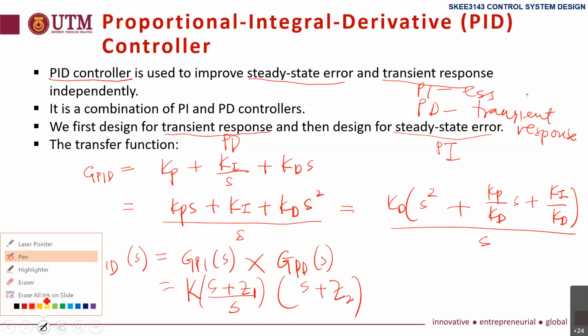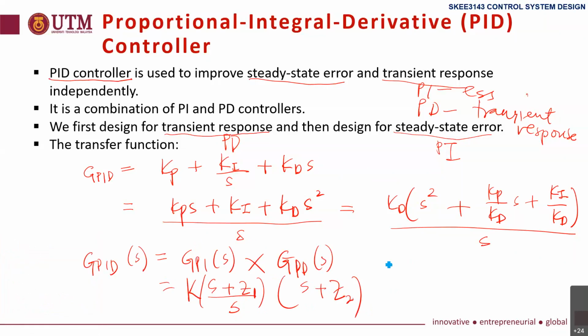Both are the same. So in PID, actually we add 2 zeros, Z1 and Z2, and 1 pole at the origin, in order to increase the system type. That is for PI. So PID in total, 2 zeros and 1 pole that we add into the system.